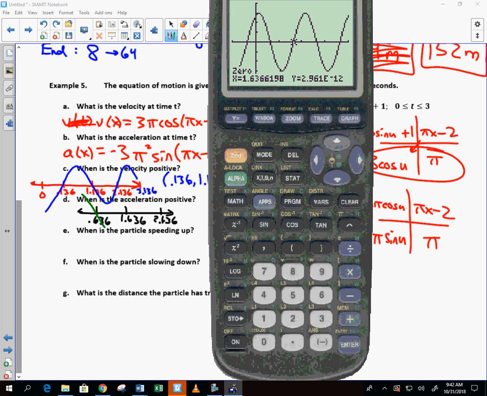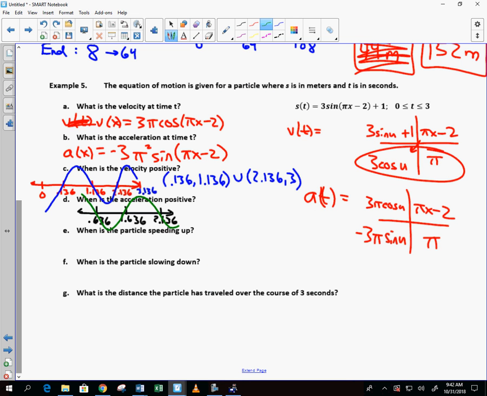Looks like this one starts up, comes down, back, and so forth. So if it asks where it's positive from 0 to 0.636, union with what? There is. So you've been able to determine the graphs now.